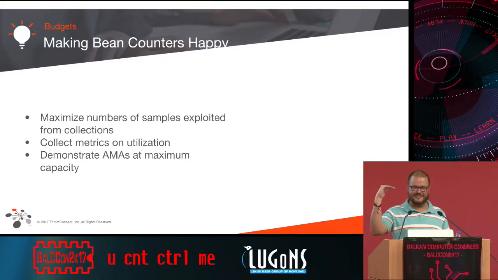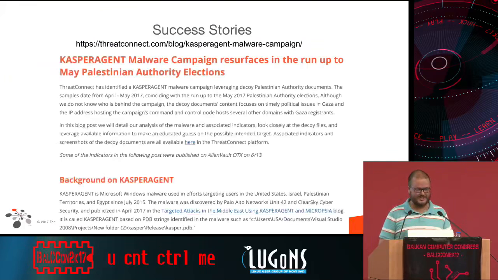And if you can demonstrate with numbers that you're using your resources at the maximum level, you can go to the people that control the money and say, hey, I need more money because I'm using the money you're giving me as efficiently as possible, and I can show that I'm doing that. So you can make your bean counters happy.